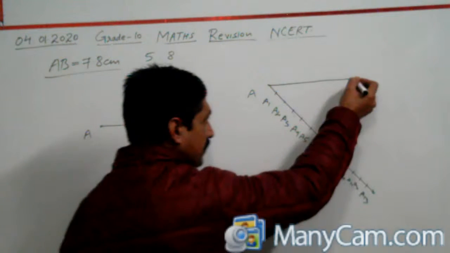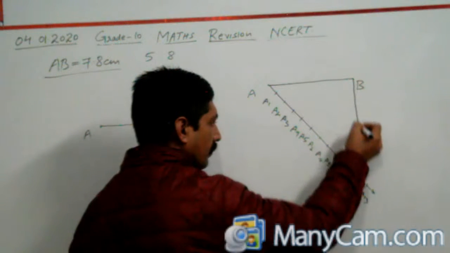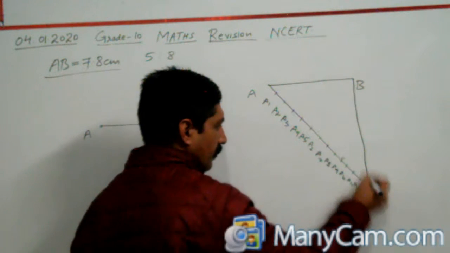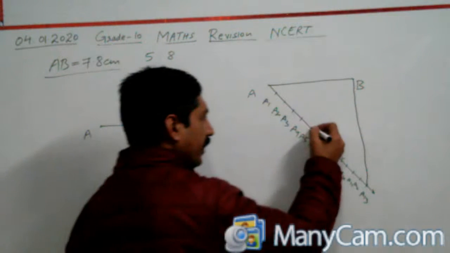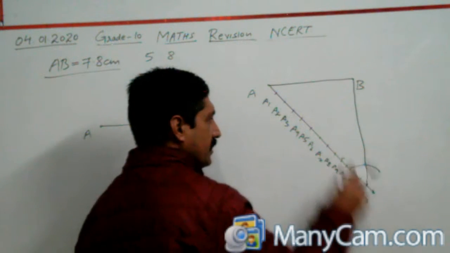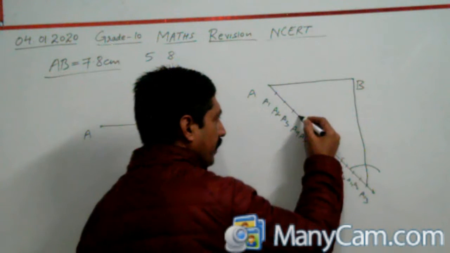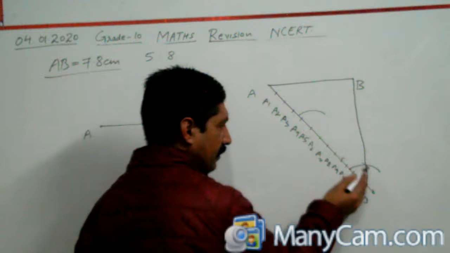So with the help of scale we will join. And the same angle we will plot here with the help of compass. We will draw one arc. Same arc we will draw from here, and from this point we will measure the angle.